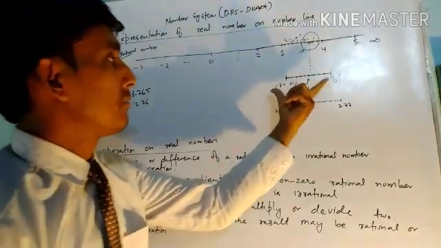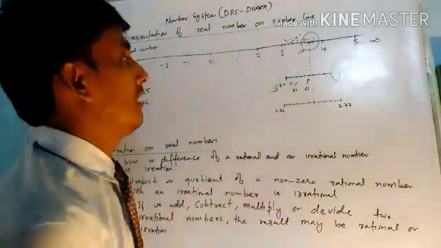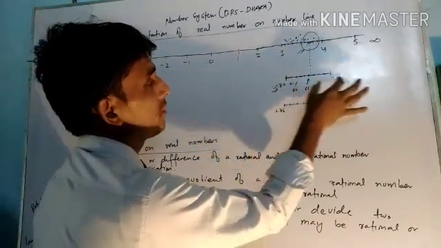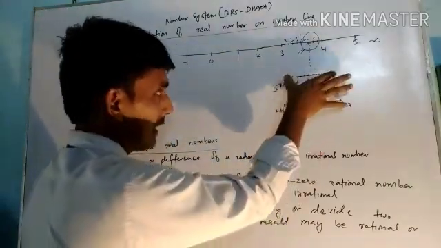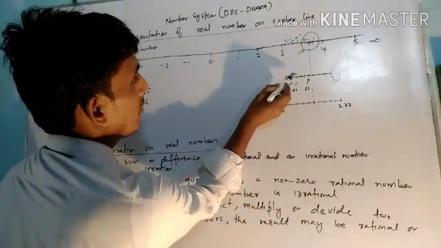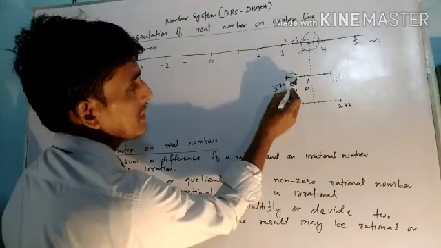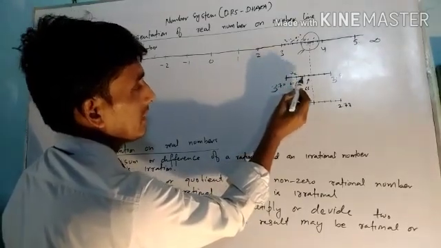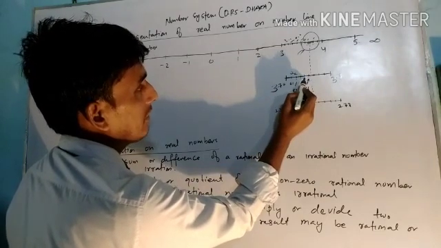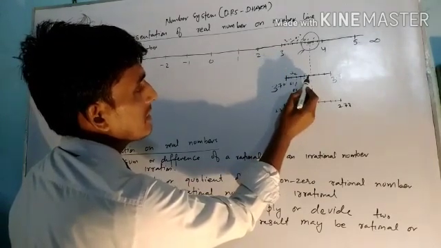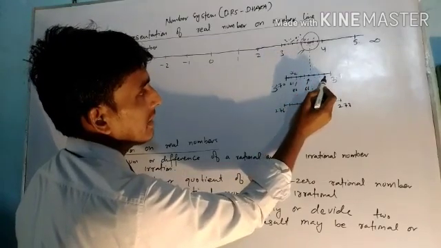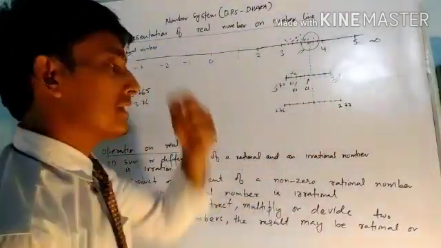Again, if you divide the gap between 3.70 and 3.8 into 10 equal parts, this will be 3.71, this will be 3.72, 3.73, 3.74, 3.75, 3.76, 3.77, 3.78, 3.79 and 3.8.